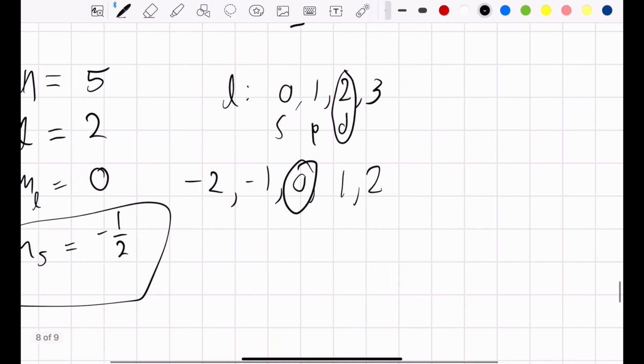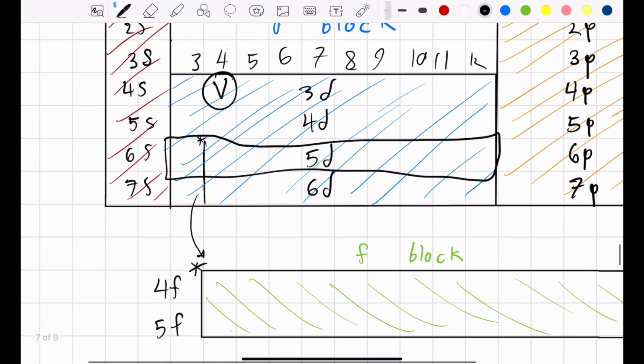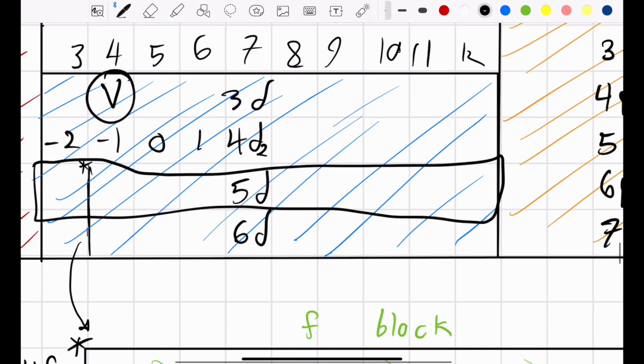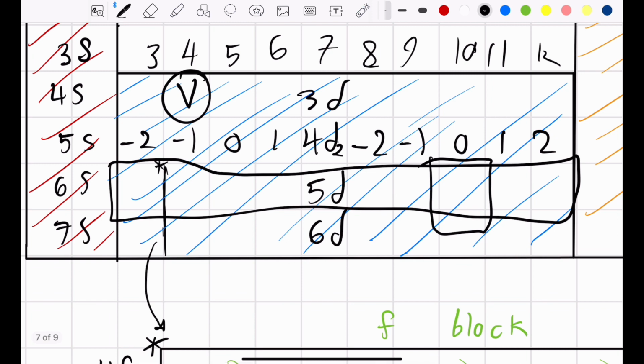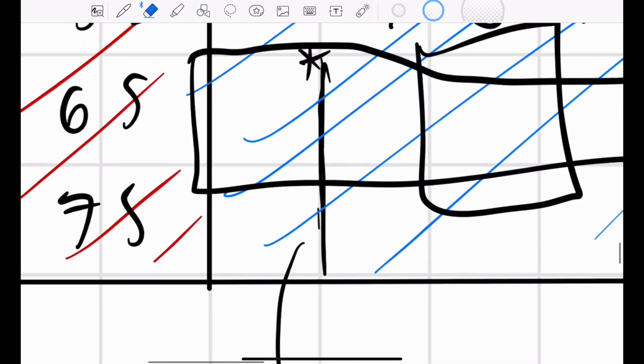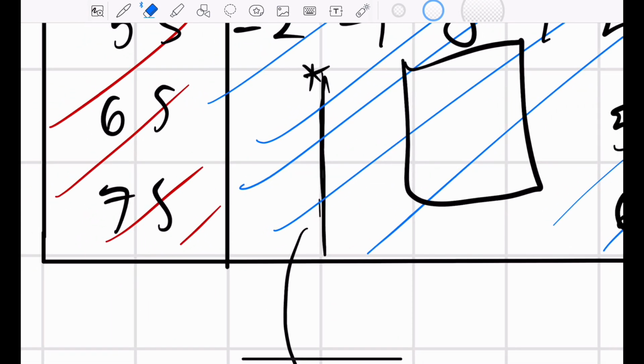So we're working with 0, so if we go back up here, we start numbering from negative to positive, so -2, -1, 0, 1, 2. Here, just squeeze that in right there. And then since we have 2 electrons, we do that again, -2, -1, 0, 1, 2. So our electron could be right here on the periodic table, or it could be right here. So again, we're narrowing our options.